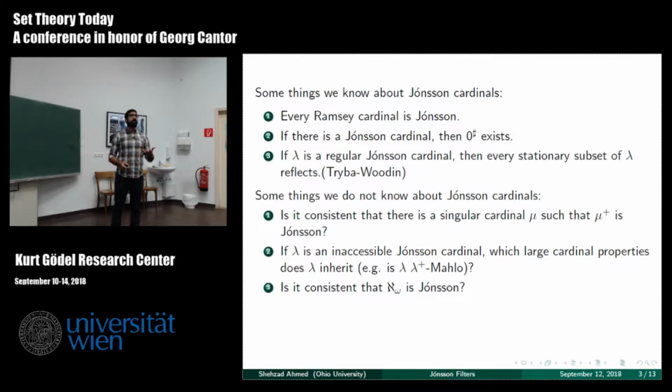For example, measurable cardinals are Mahlo in a very strong sense, and Ramsey in a very strong sense. Whereas with Jónsson cardinals, we actually don't know a whole lot. In fact, we don't know, for example, whether lambda is lambda plus Mahlo, and the best result along these lines is due to Schiller.